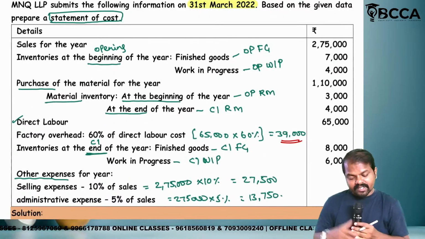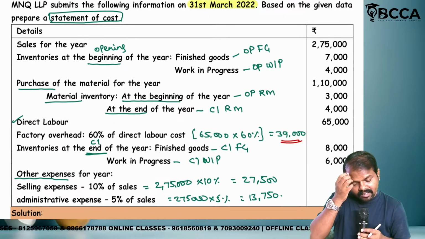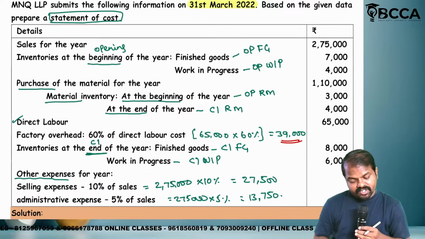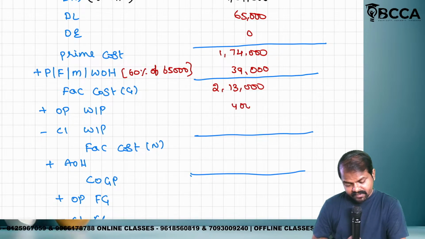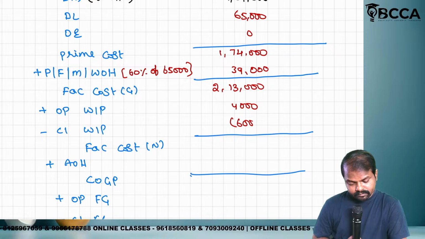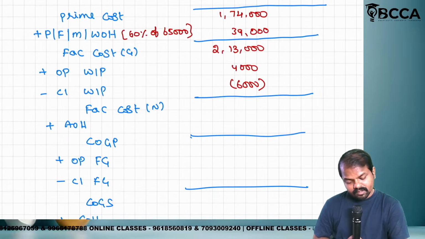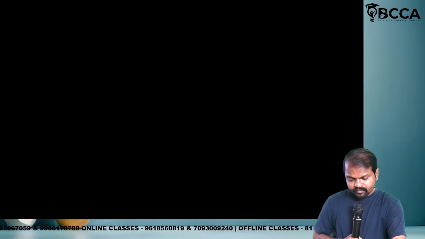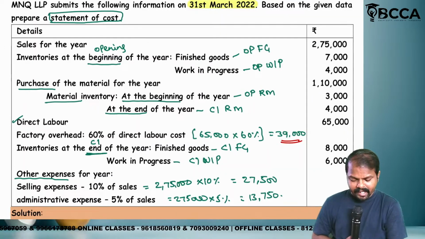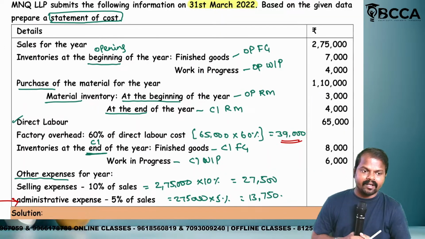Please check. Opening stock of WIP is there? How much? Closing stock of WIP? 6,000. 2 lakh. AOH is there? Yes, in last line, other expense. Second line, admin.